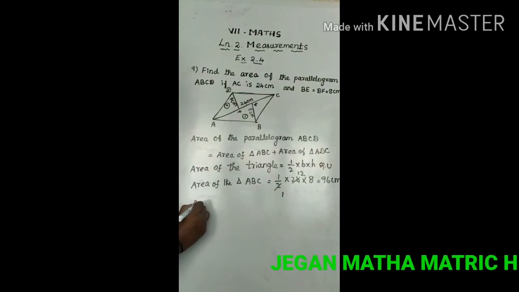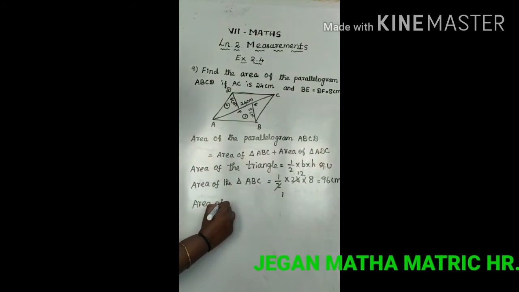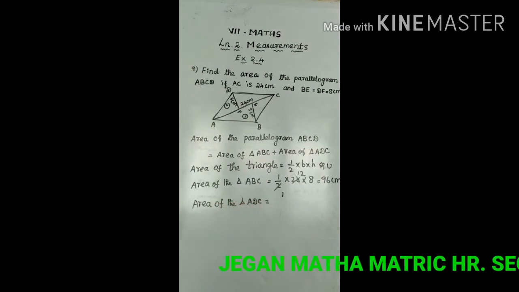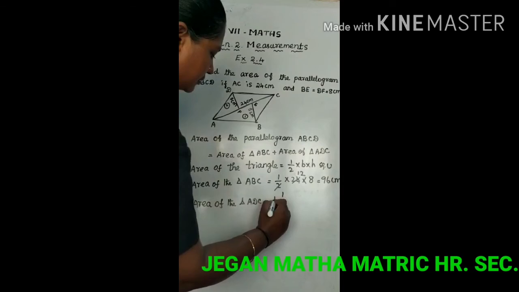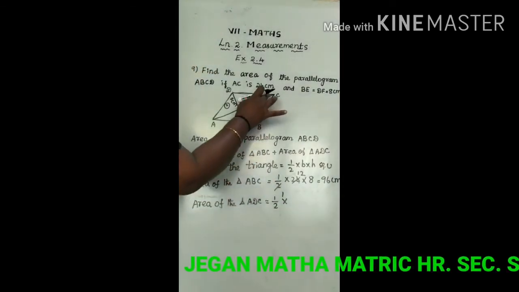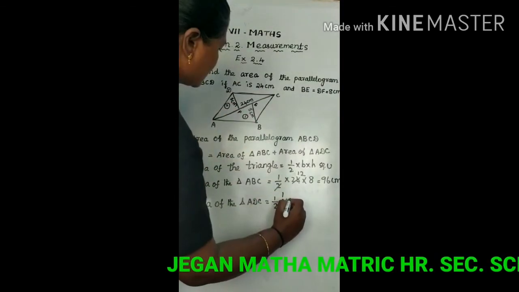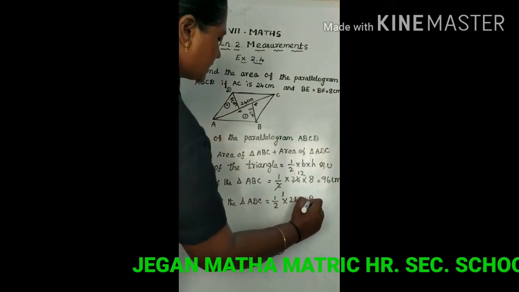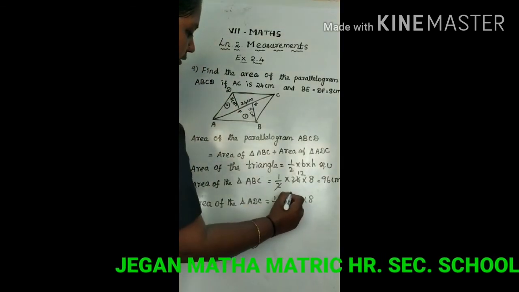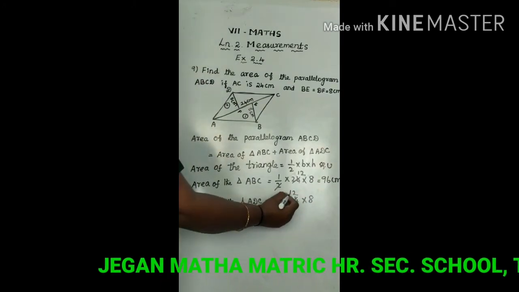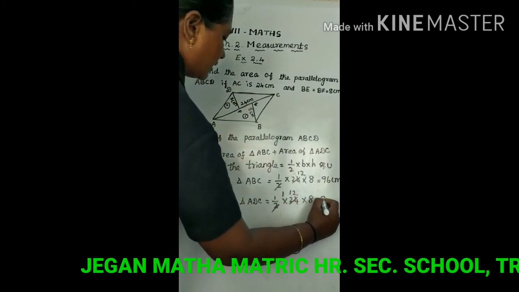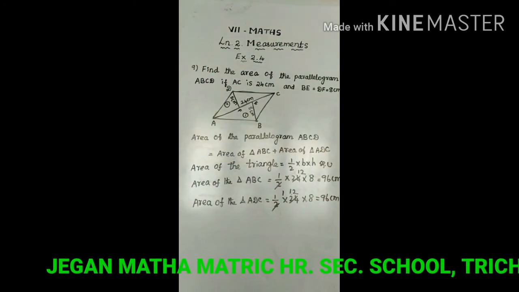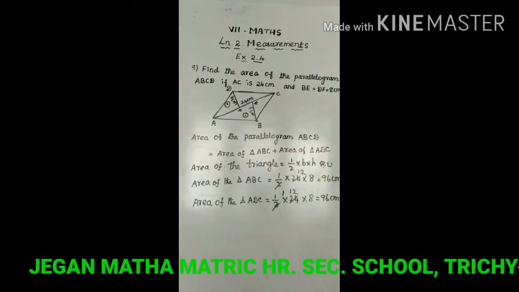Next we find the other triangle, the area of the triangle ADC. This also has the formula 1 by 2 multiply with base, where in triangle ADC the base AC is 24 centimeter and height is 8 centimeter. Simplifying, 12 2s are 24, then 12 into 8 is 96 centimeter square. So the area of triangle ADC is 96 centimeter square.